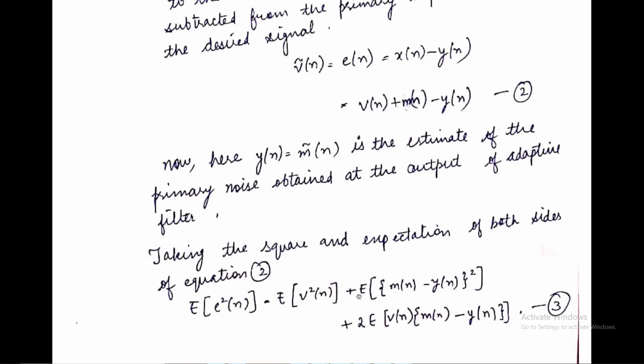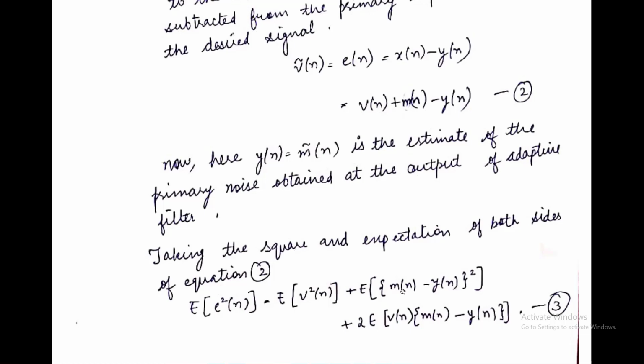So if you put the equation of En from equation number 2 into this equation, you will get expectation of V square n plus expectation of (Mn minus Yn) whole square plus 2 expectation of Vn into (Mn minus Yn). Basically we are using the formula of A square plus B square plus 2AB.